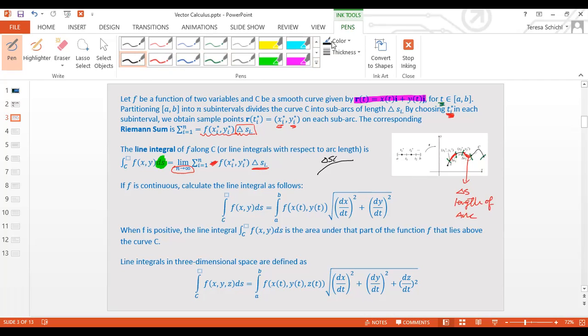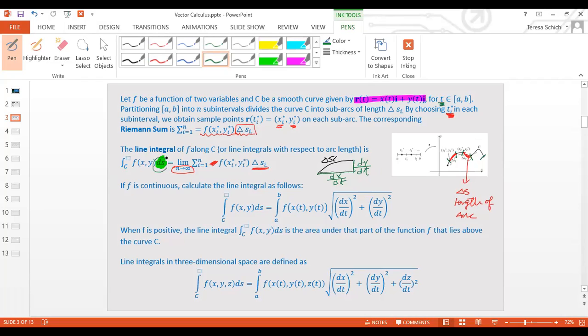By the Pythagorean theorem, you see this is the x coordinates, this is the y coordinates, right? So this will be what? This is dx/dt, and this is dy/dt, right? So this is dx/dt and dy/dt.